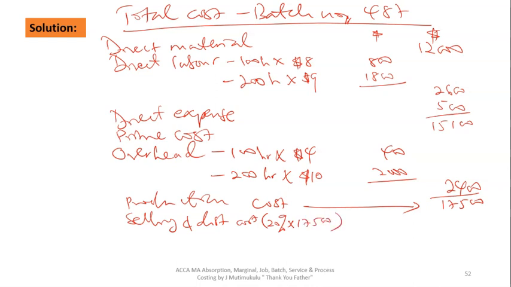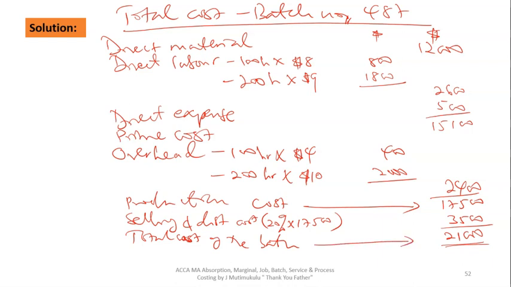So this gives us 3,500 here. And we get what is called the total cost, which is 21,000. Total cost of the batch.